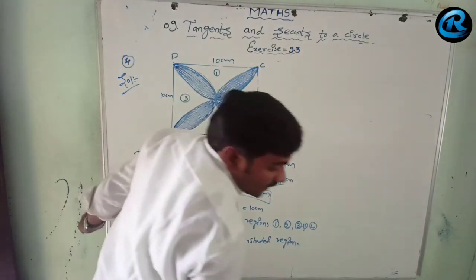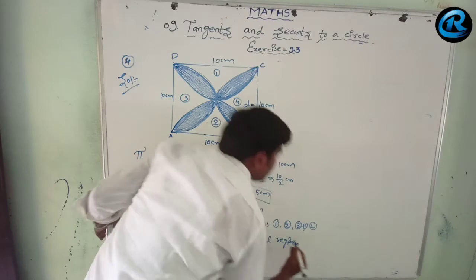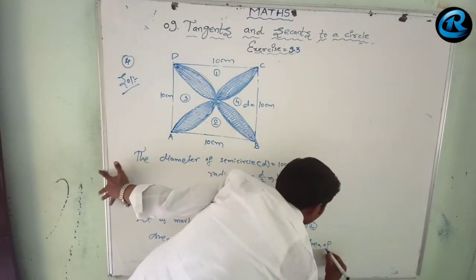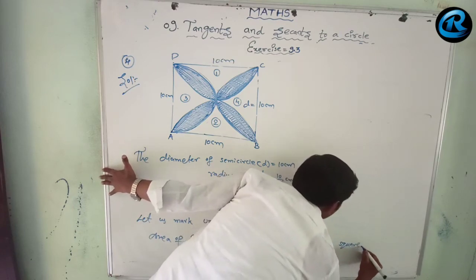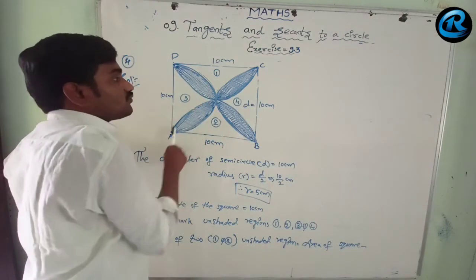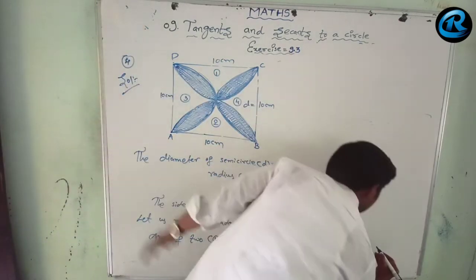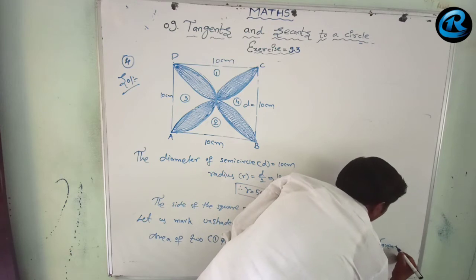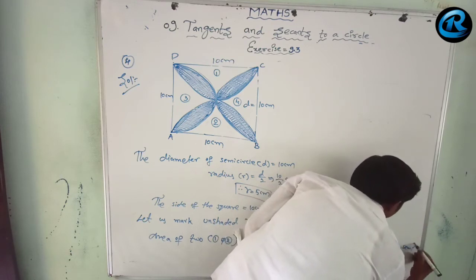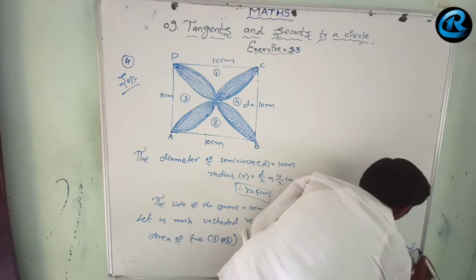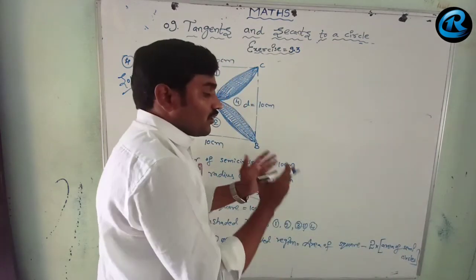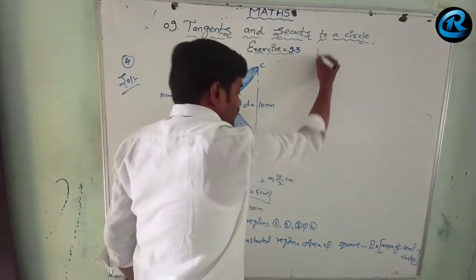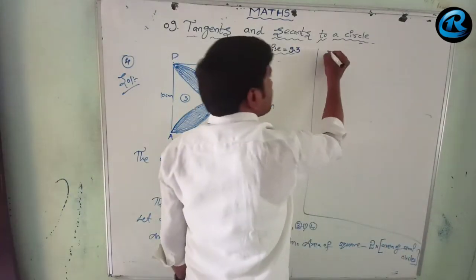The area of the unshaded region is equal to area of square minus area of two semicircles, 2 into area of semicircle. That means we subtract the area of two semicircles from the area of the square.